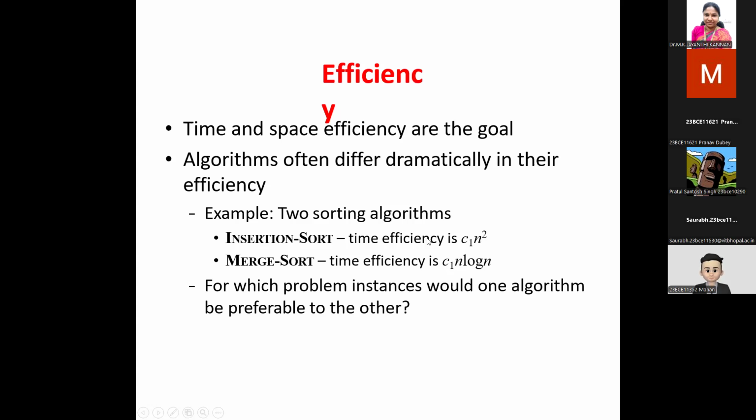So if you use a good, high speed machine, the sorting algorithm will work in less time.